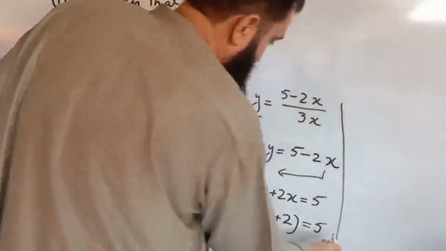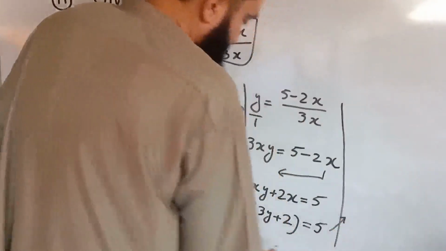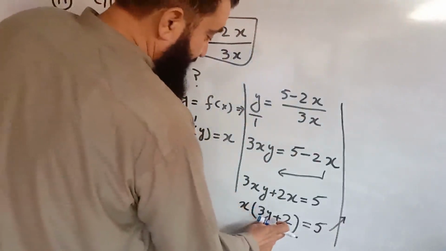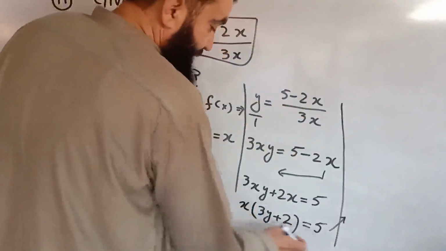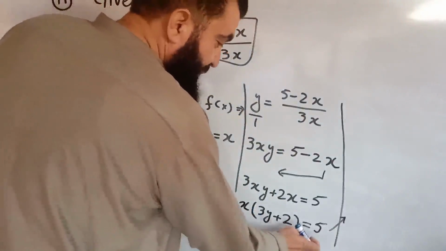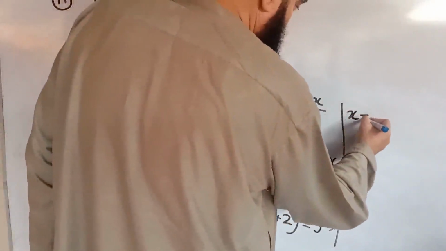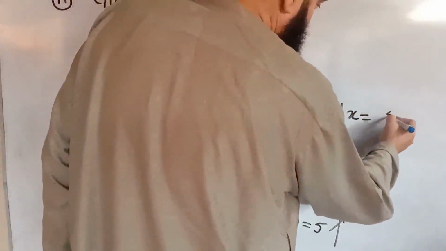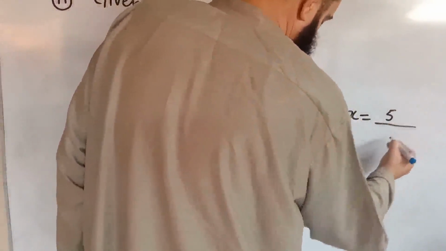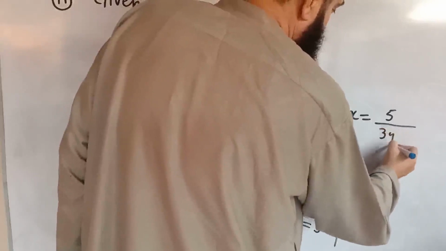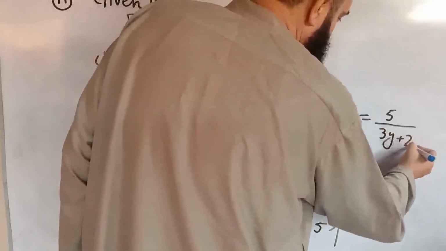Therefore I can write it right here. Take this 3y plus 2 to the right hand side. It is being multiplied here, so it will be divided there. So this will become x is equal to 5 over 3y plus 2.